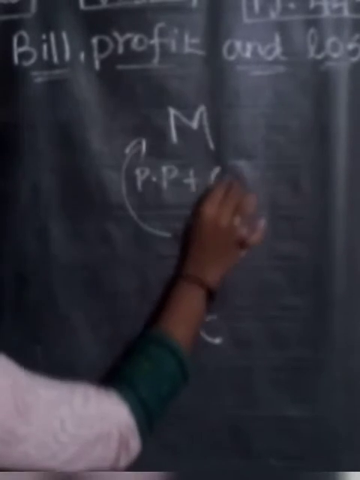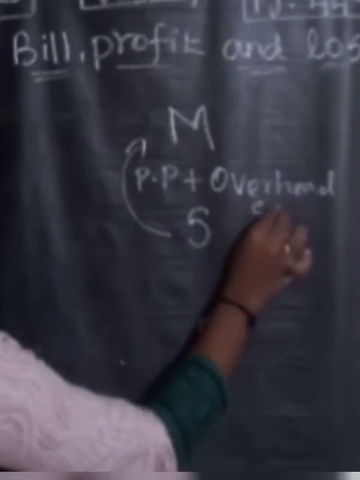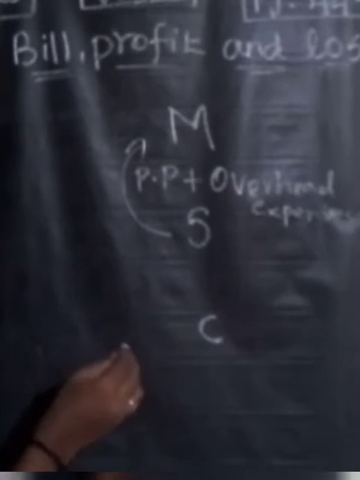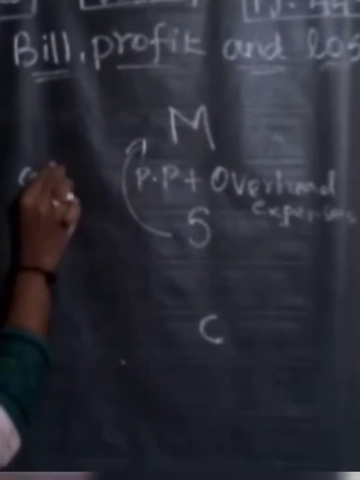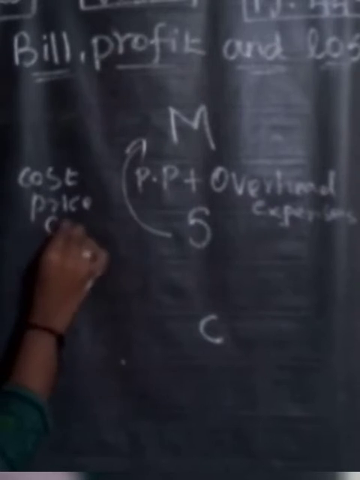That is the overhead expenses. If we add purchase price plus overhead expenses, it is called the cost price, also known as CP.